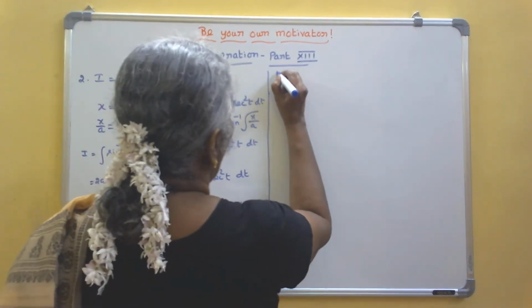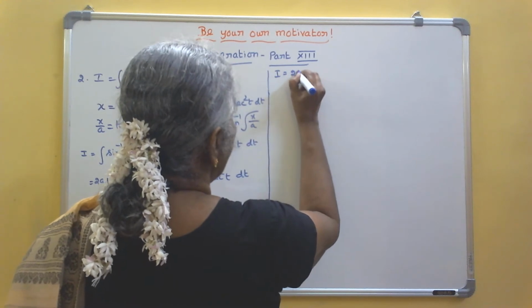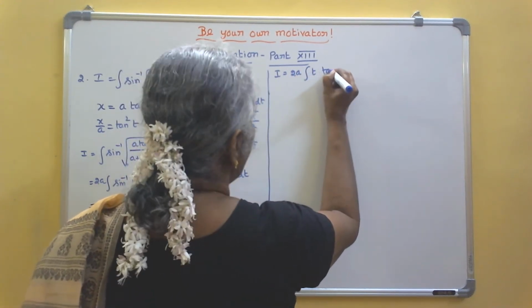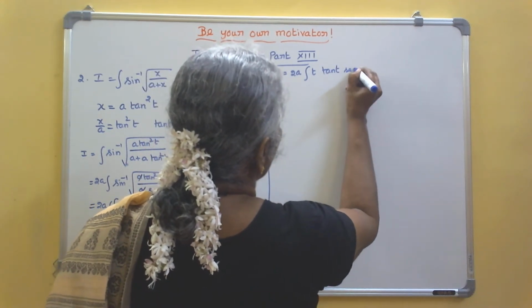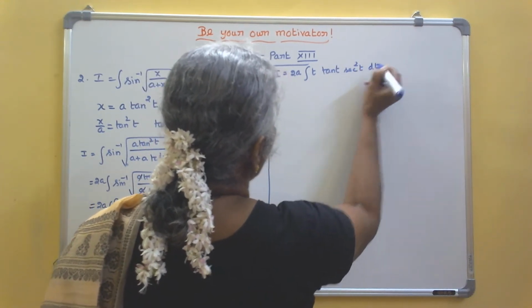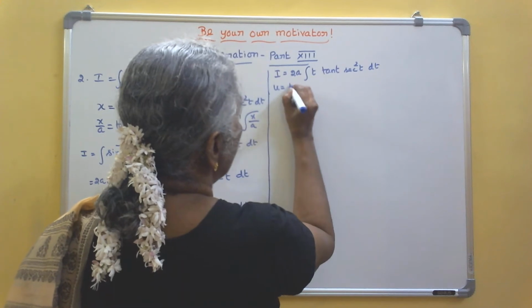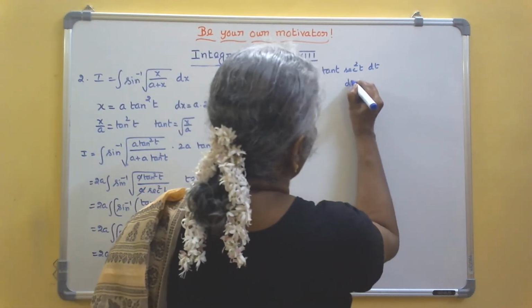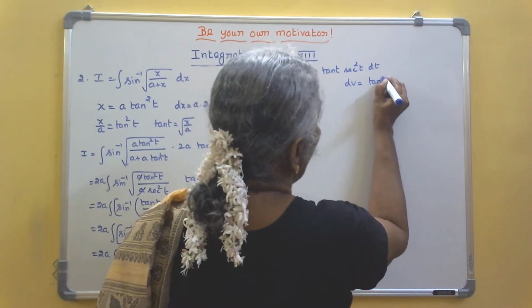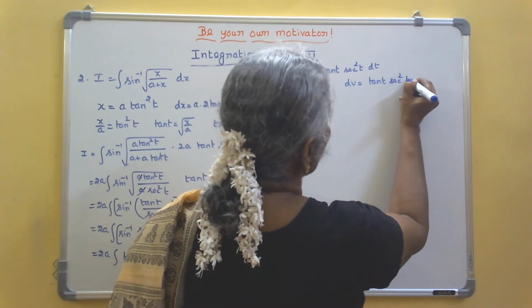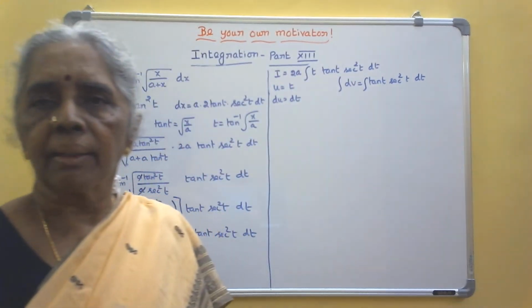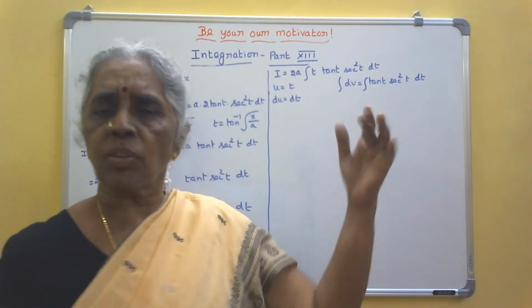Okay. So, now the I will be, let us write that 2a here. I will just write the sum here again. T tan t secant squared t dt. U is equal to t. So du is equal to dt. Then dv is equal to tan t secant squared t dt. We have to now integrate. You know it is not straight, you have to substitute.